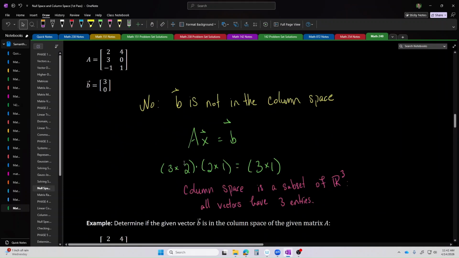Because the number of columns of your matrix completely determines what type of vectors can be multiplied by the matrix A. So for example, if your matrix A has 2 columns, then it is able to multiply vectors that have 2 entries. So the number of columns of your matrix corresponds to the domain of that transformation.